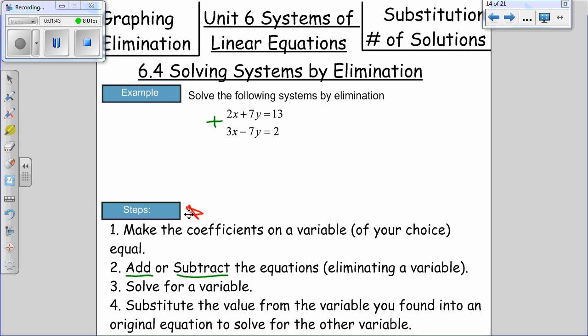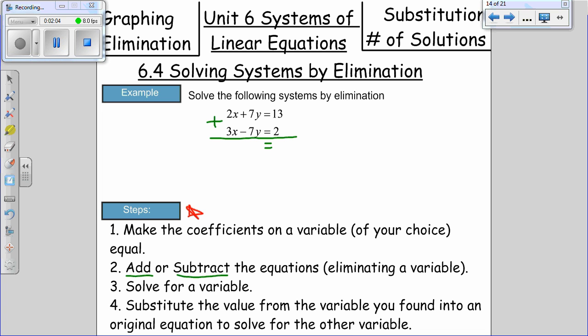When we add the two equations, we make sure that everything's lined up. So the x's are one on top of the other, the y's are one on top of the other, the equal signs are one on top of the other, and then the constants are one on top of the other. It makes our adding and subtracting really easy. When we go to add, we draw a big line underneath here. We draw an equal sign in line with the other equal sign, and we add our way through.